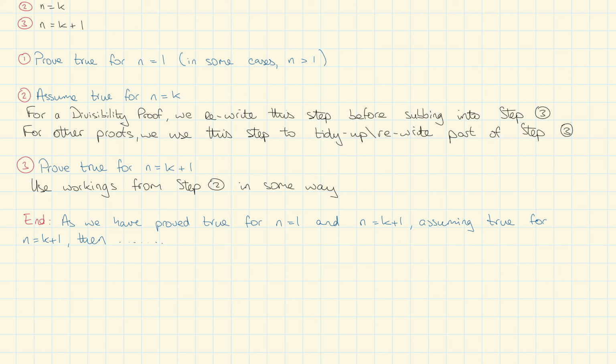And again, include, like if they've said for all n elements of N, you'll include that. If n maybe was greater than or equal to 2, you're going to include that there.